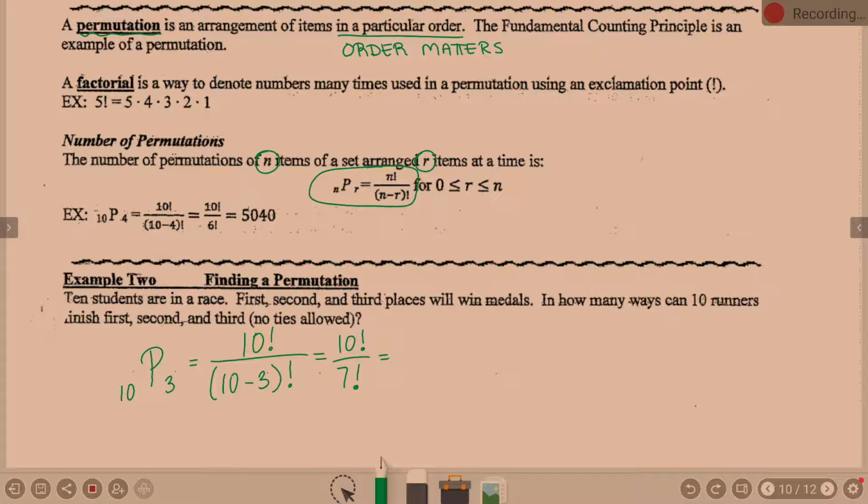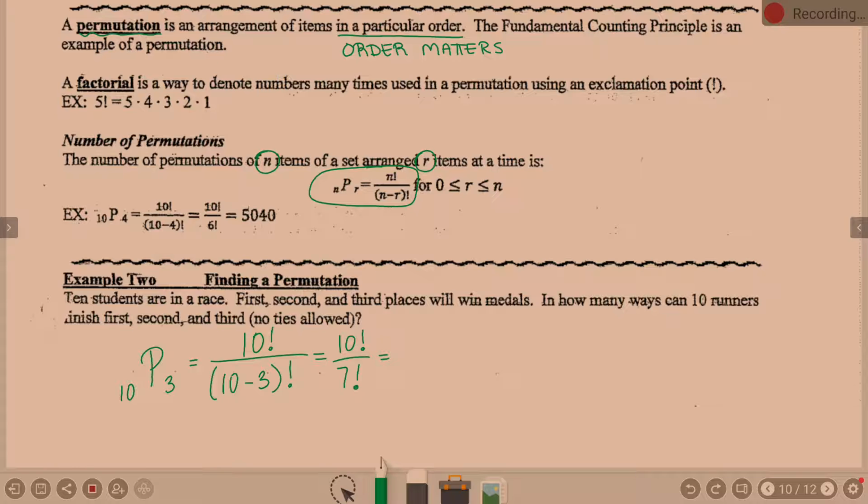Could you use your calculator to help you? If I'm going to use my calculator, I'm going to have to type 10, go to PRB, notice it's nPr, so that is 10 items arranged 3 at a time. Same answer there. Okay?